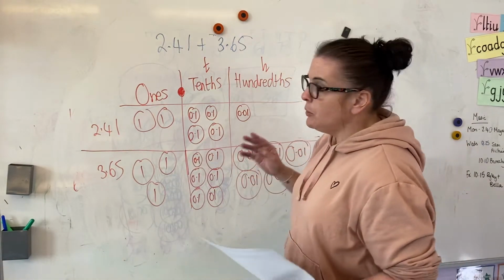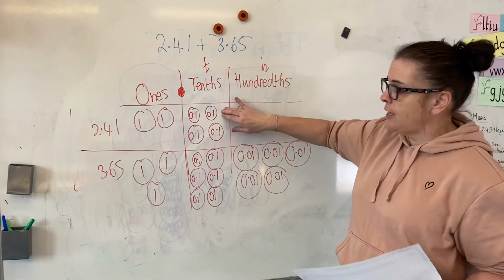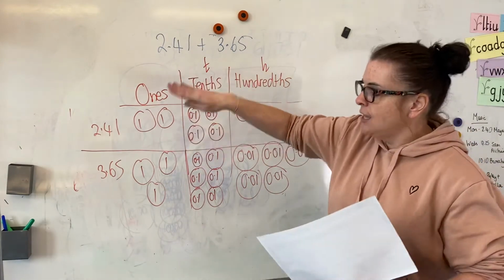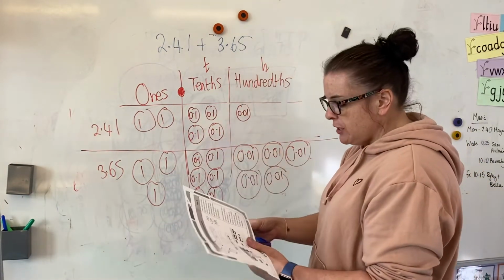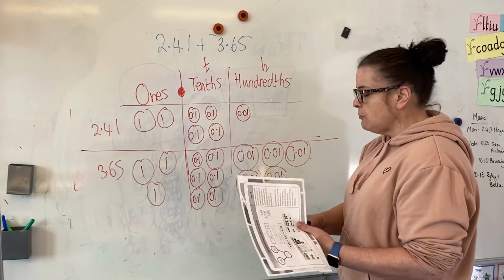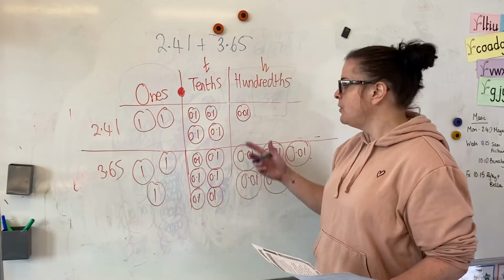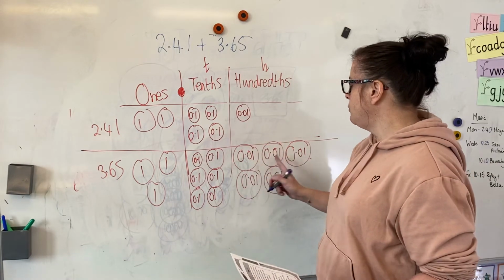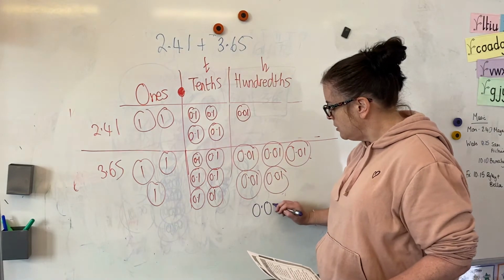Now again, I know I keep saying this, it's that underpinning knowledge that 10 of these make 1 of these, 10 of these make 1 of these, 10 of these make 1 of these, and so on, okay? So, just like we were doing with the whole numbers, we're now doing it with our fractions, our decimals, fractions and decimals, same thing. How many hundredths? 1, 2, 3, 4, 5, 6. No need to exchange, I've got 6 hundredths.